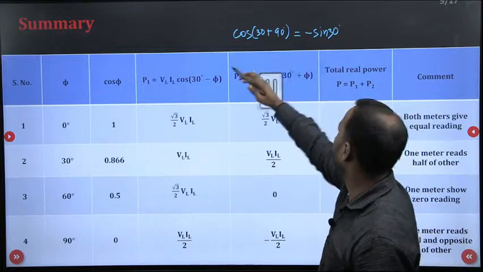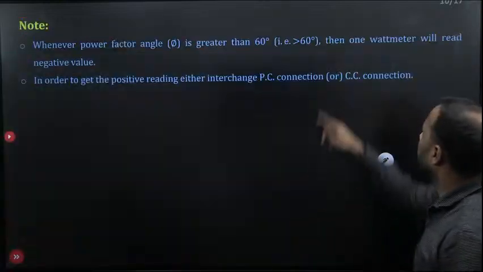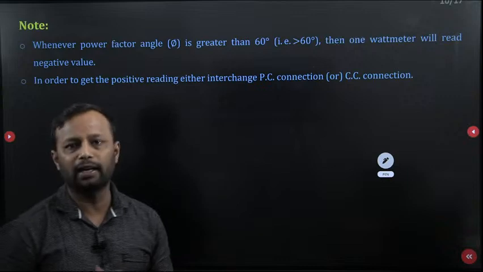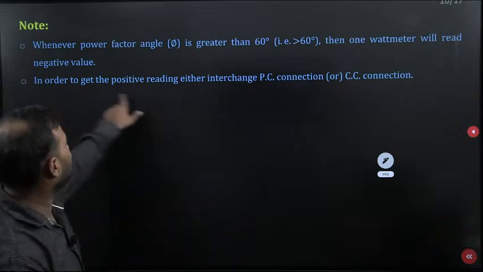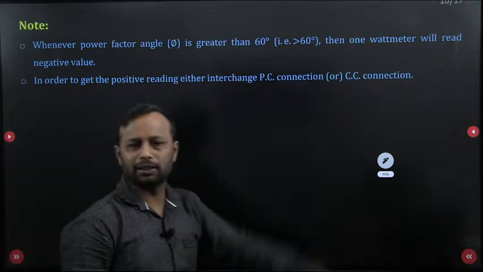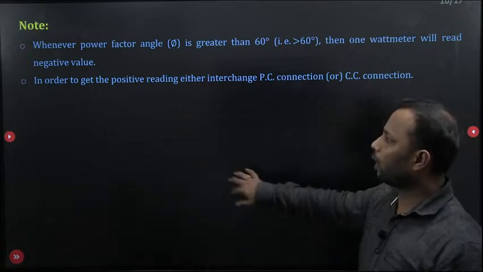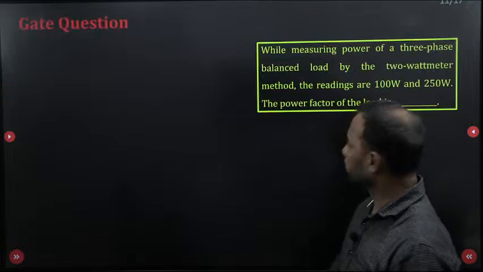So it is said that if the power factor angle is greater than 60 degree, then one wattmeter will read a negative value, and in order to get the positive value, interchange the pressure coil connections. Okay, so this is all about the theory portion.